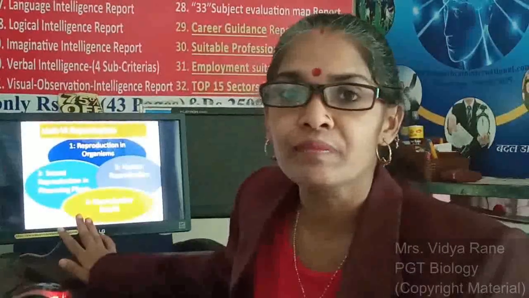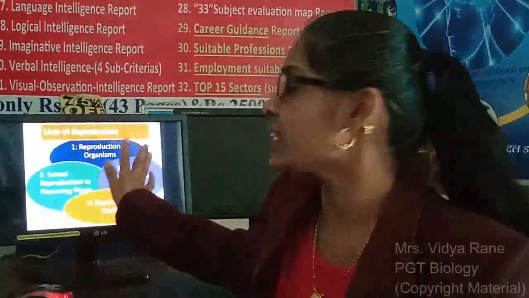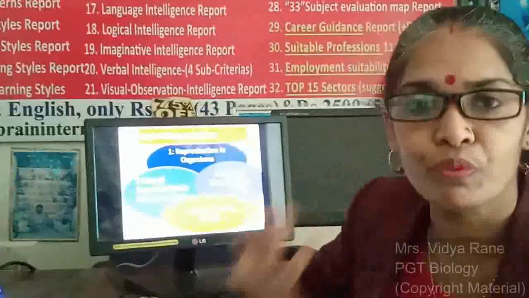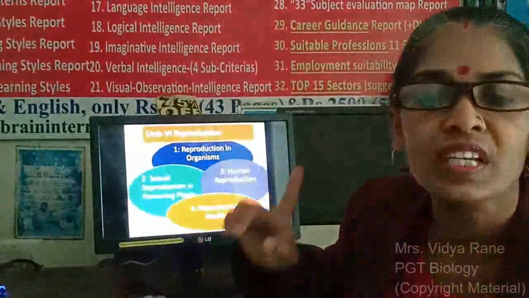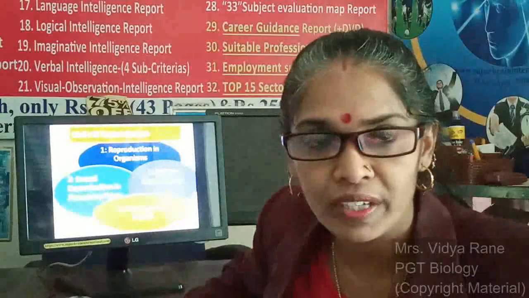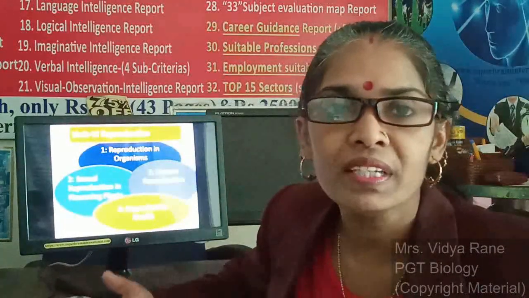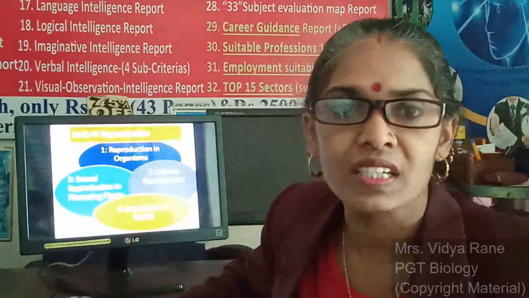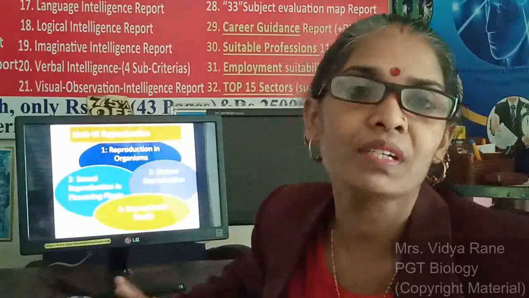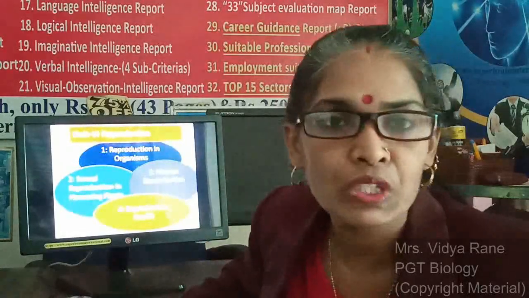Now just see unit 6, reproduction. As I said earlier, this unit has 4 chapters. First is reproduction in organisms. In this general reproduction chapter you are studying reproduction in microorganisms like amoeba and yeast, then in some animals, and in plants, vegetative reproduction.